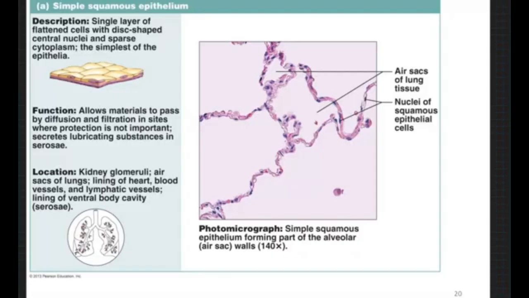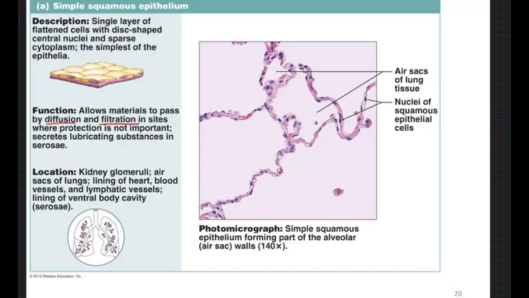Not terribly thick. So it wouldn't work as a good protector. It probably wouldn't work as a good secretion or absorption system because the cells are so flat. The volume is very, very minimal, right? So what do you need? This kind of fragile layer, a single layer of flat cells.